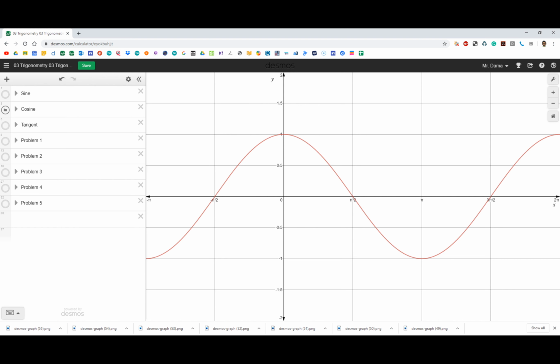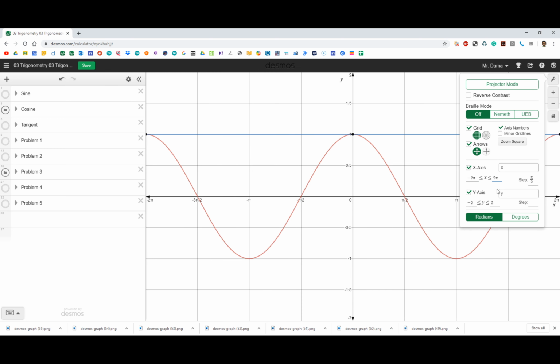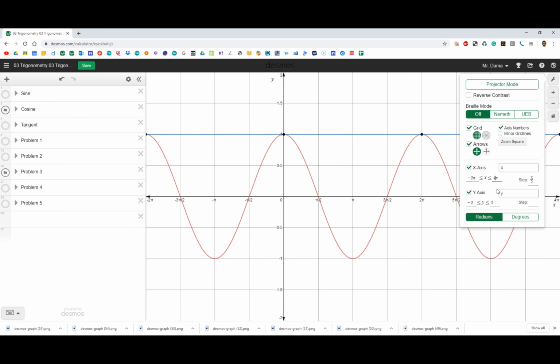So on cosine, if I used the first one, cosine, I'll just quickly change this and this. Try to get the whiteboard back in a second.